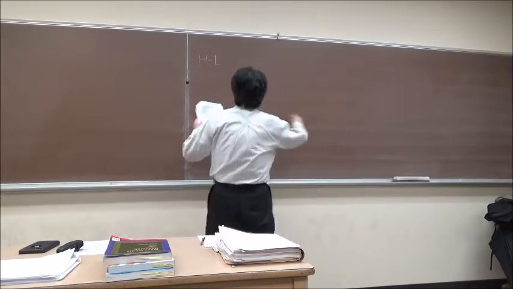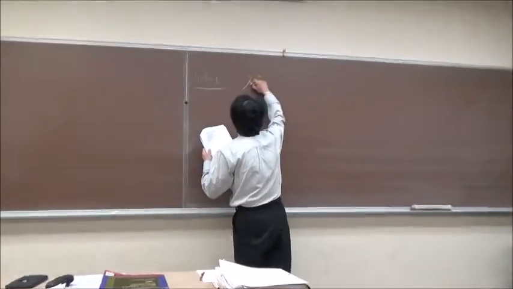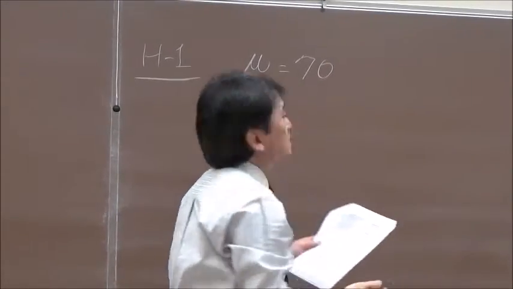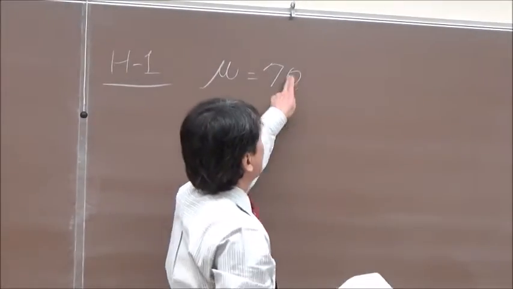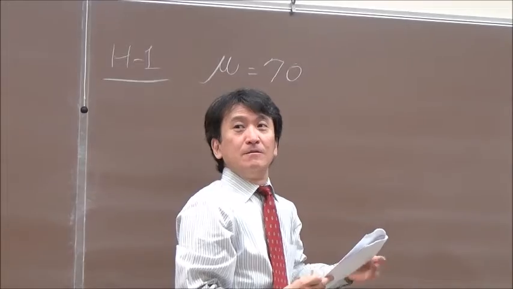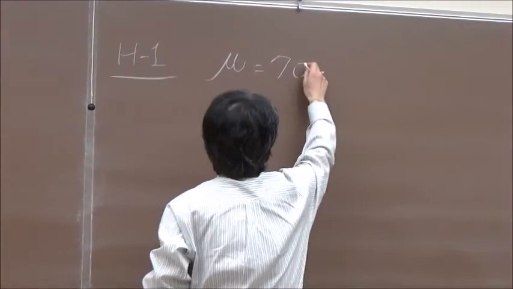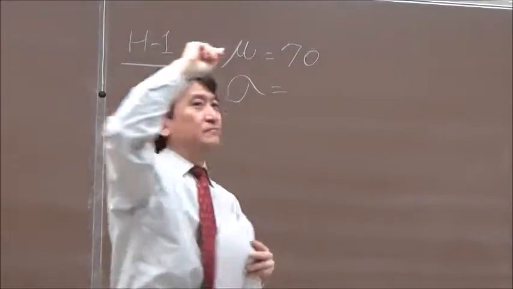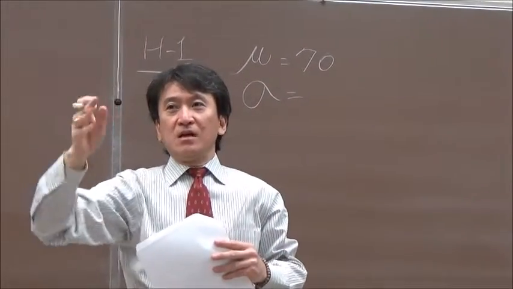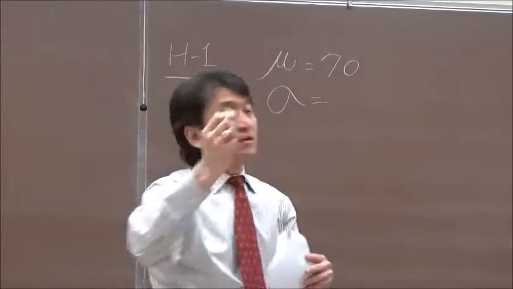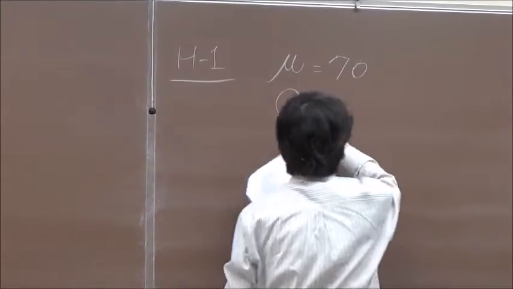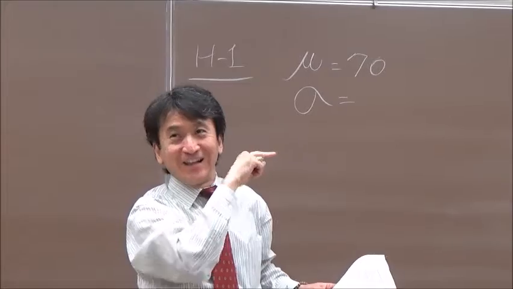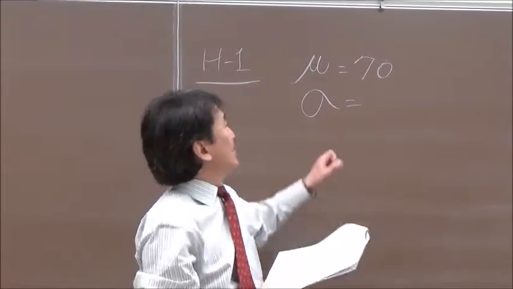And then, what is mu? The mean of the population, excellent. Then, Claire? The mean of the sample. Very good. Sigma. That's population. Yes, sorry, population.